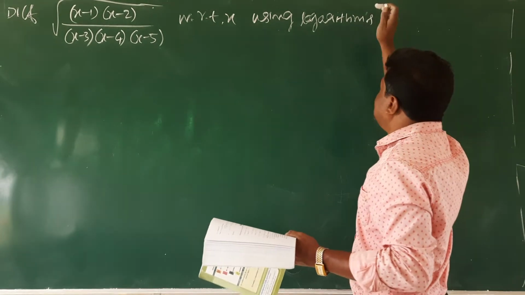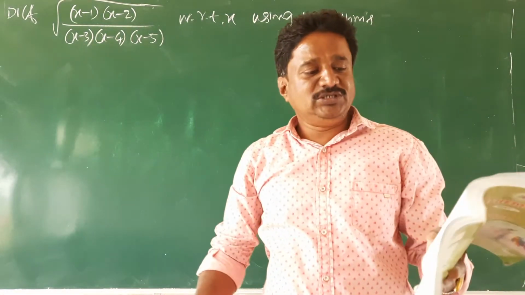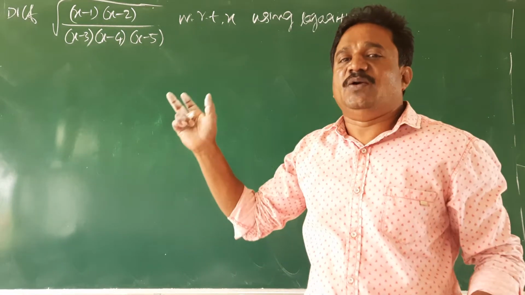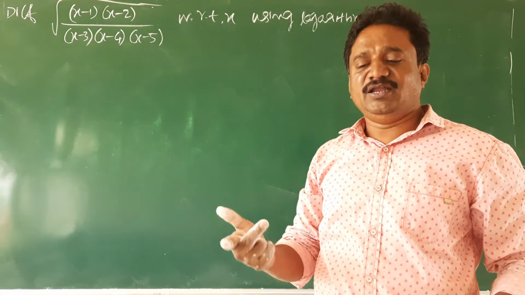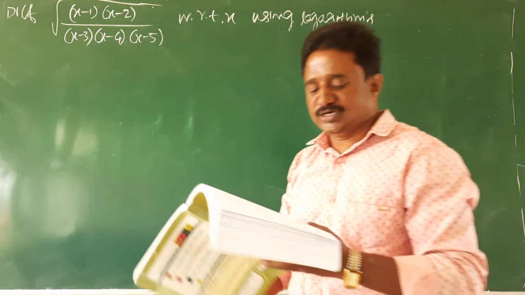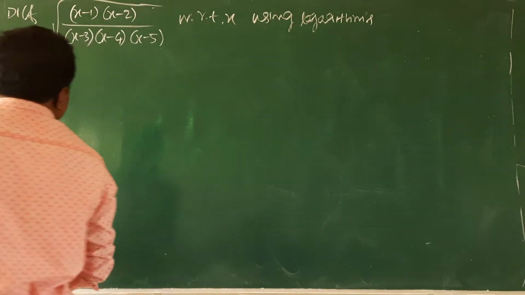Students, we already solved a question of this type in the previous class. Try to solve it on your own, it's easy to solve. So let us go for solving.